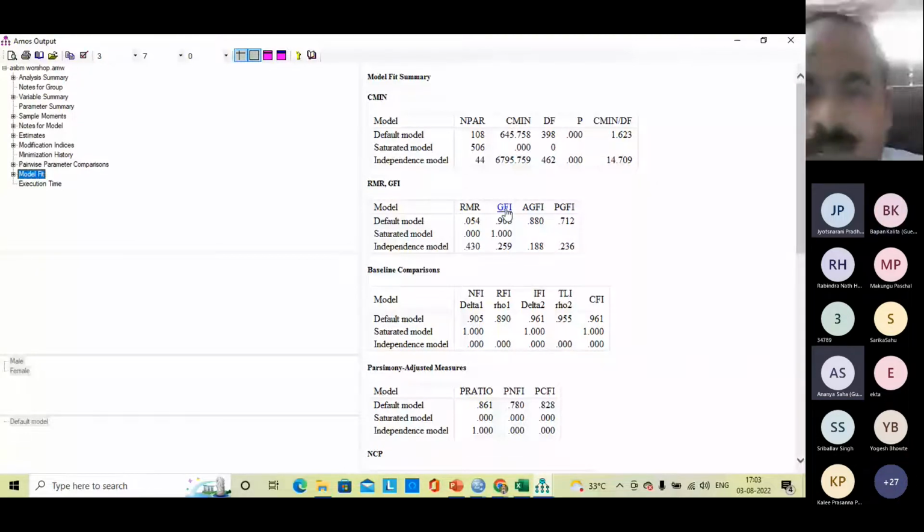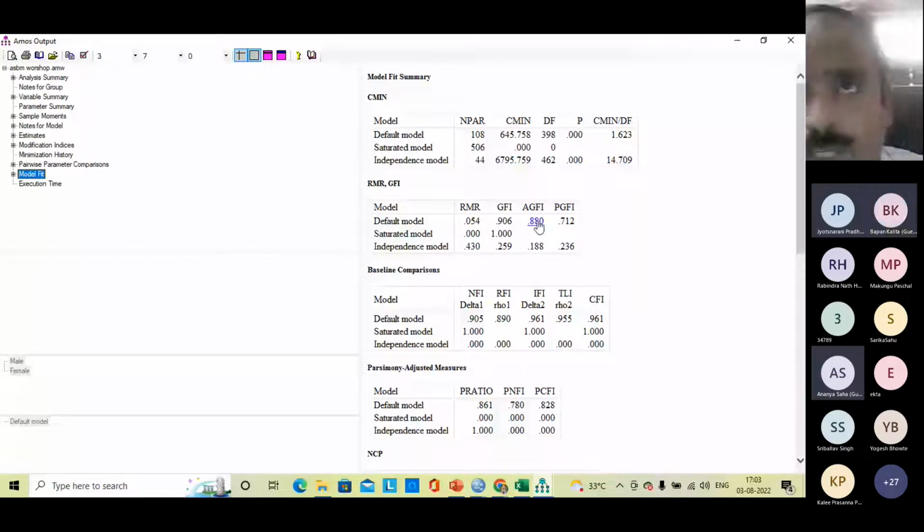GFI is more than 0.9, and almost all of NFI, RFI, IFI, TLI, and CFI are showing more than 0.9, except one, that is 0.89 or 0.88, but this will be improved by modification indices.